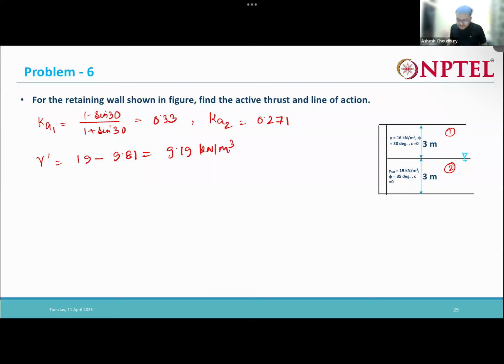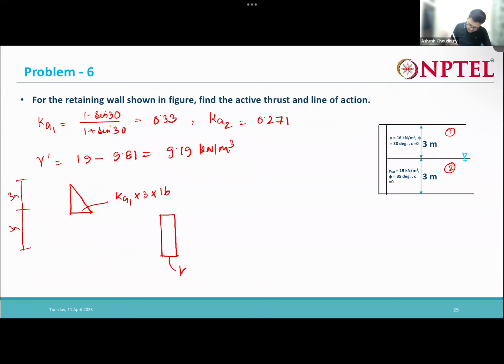Okay, so now first let us see the upper part. First you will have this kind of variation. This is 3 meter, then you move another 3 meter. For this one it will be K1 into 3 into 16, gamma is 16. Now for the layer below it, there will be a surcharge here.